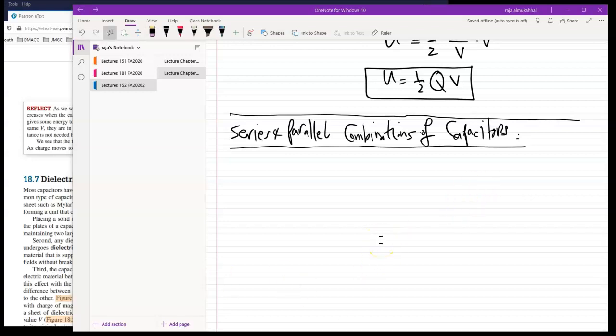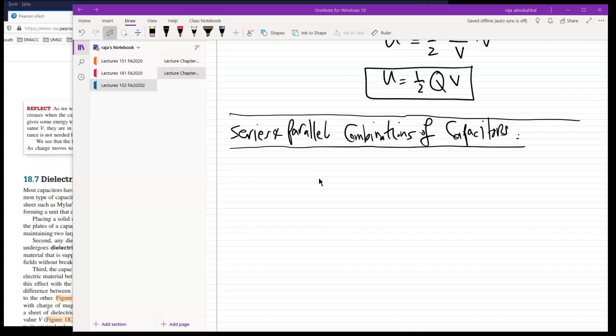Okay, so I'm going to be putting down the formulas for you, the ones that you need for the series and parallel combinations. And I would urge you to have a pencil and paper ready and then write down those formulas that I'm going to be writing. So in this case, you would use them to solve problems.